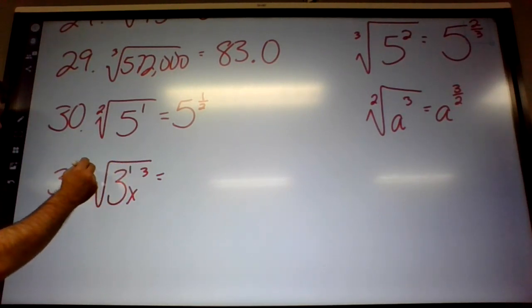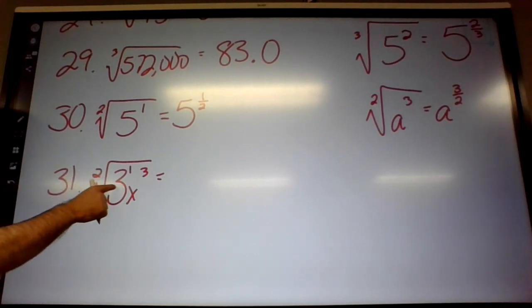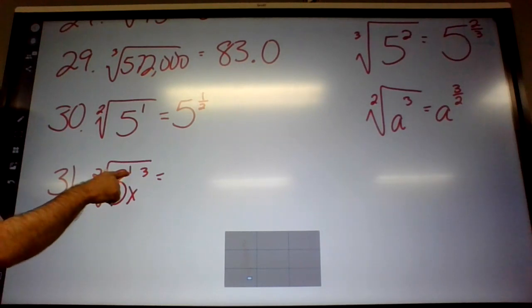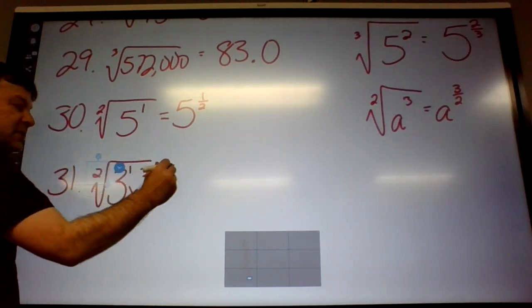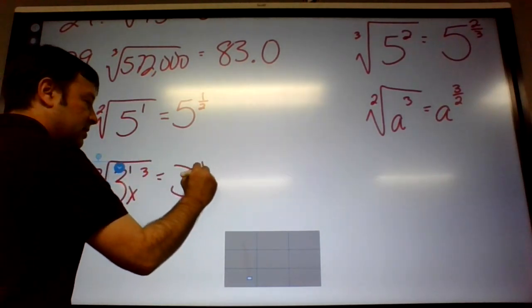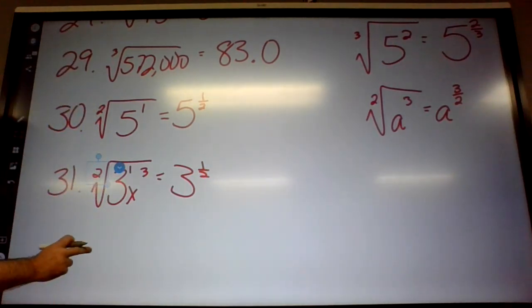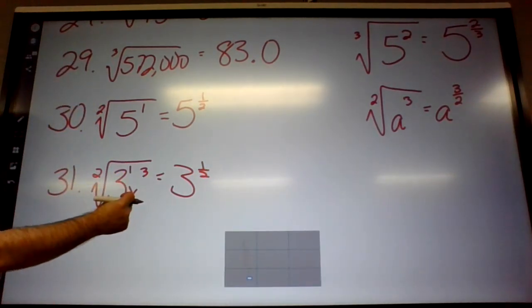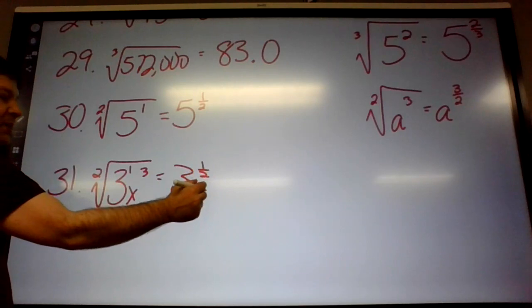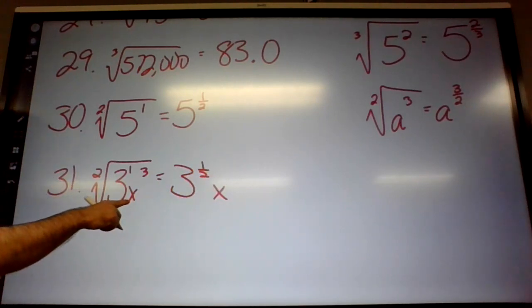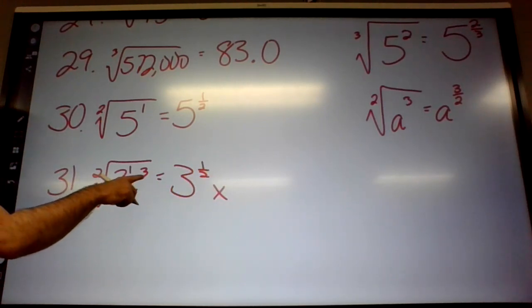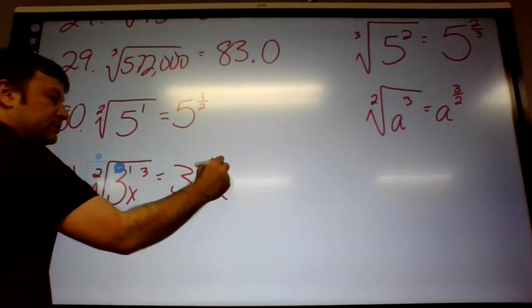There's no root out here, so what would the root be? 2. So this is 3 to the 1/2, just like the last one. And then basically it's multiplied to the x. I'm just going to put x. And this is x to the 3/2.